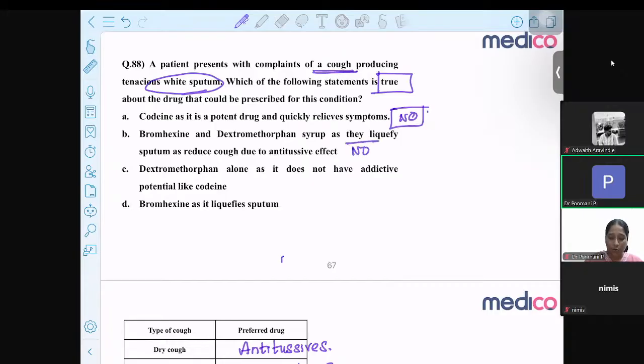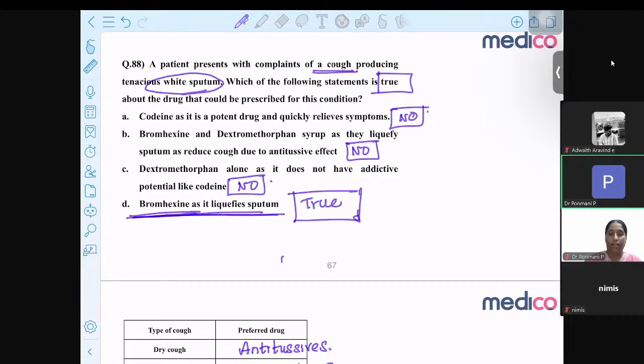You shouldn't use dextromethorphan because it is a productive cough. So what is the right answer? Bromhexine should be used as it liquefies the sputum. So this is the true option here. The correct answer is option D.